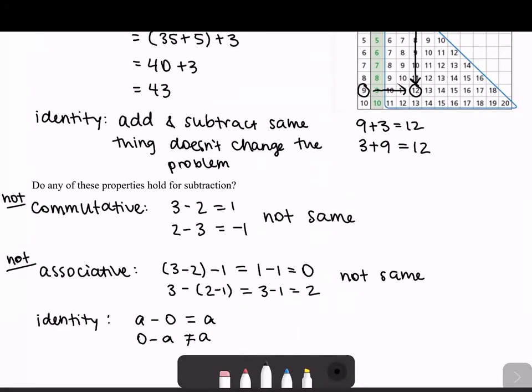And when we're dealing with whole numbers, we can't even take A away from 0. This is the case where we would need to borrow, and we can't even do that here. So again, these are not the same. And 0 is not an identity for subtraction.